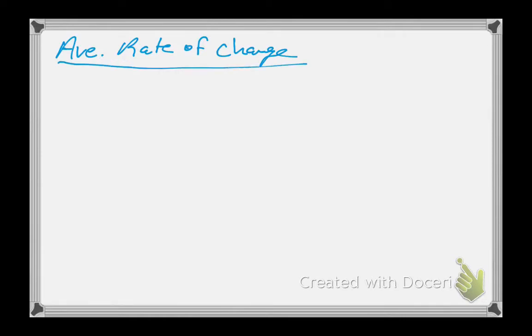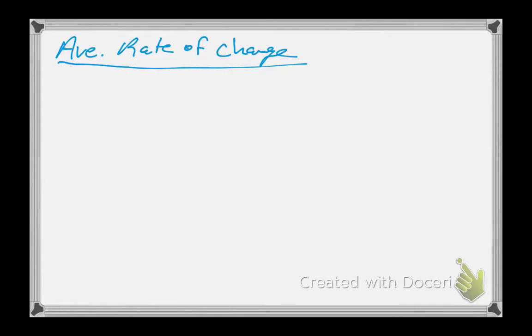All right, I also wanted to quickly add into this video a quick note about average rate of change, just so we're all on the same page on what that means. The easiest way to define the average rate of change is the average rate at which a function changes over a given interval.